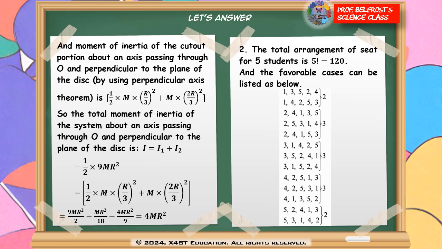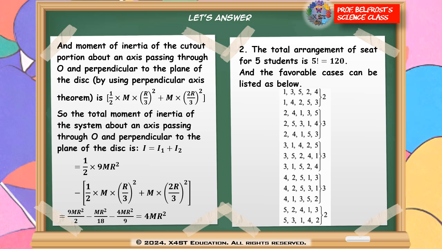Okay, number two, the mathematics problem. The total number of arrangements for 5 students is 5 factorial, which is 120. And the favorable cases we want, T1 intersect T2 intersect T3 intersect T4, can be listed as shown below.